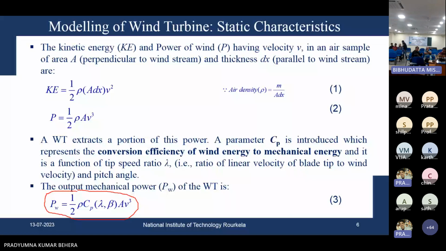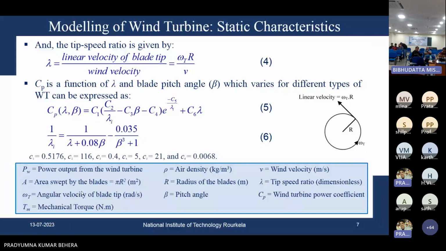The tip speed ratio is the ratio of linear velocity of the blade tip with respect to the wind velocity. So it is given by the rotor speed, or the angular speed of the blade, into radius, upon the wind velocity. And the parameter Cp is a function of the tip speed ratio and pitch angle, which varies for different types of wind turbine.